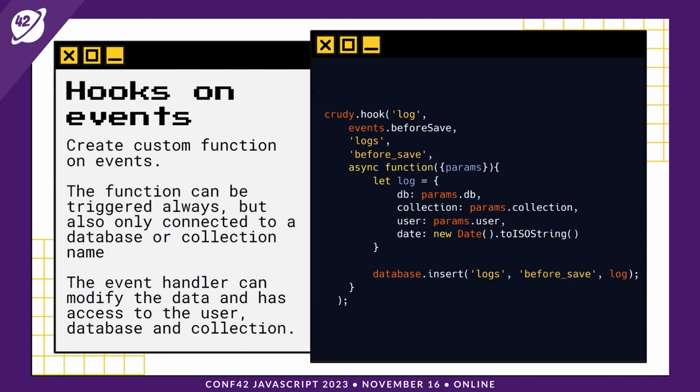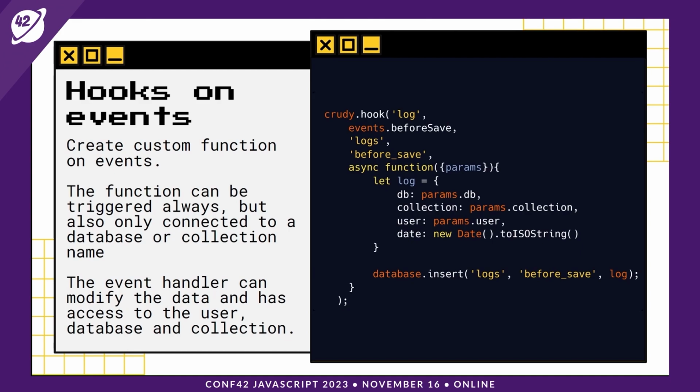You can append hooks and event listeners on some database events. Once an event is triggered, it will launch a function. The hooks can block the execution. So let's say you have a before save hook. You can add some sort of validation with a third-party integration.